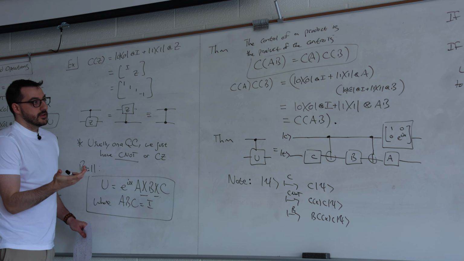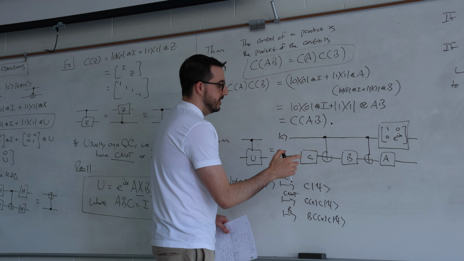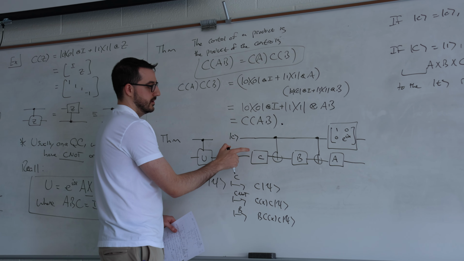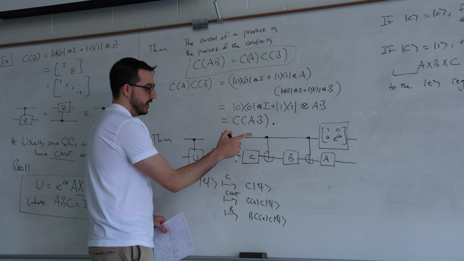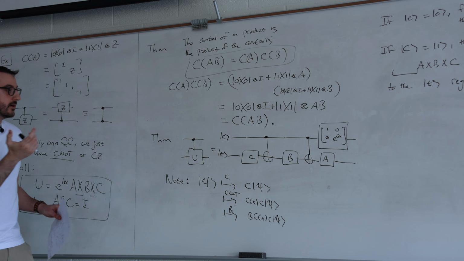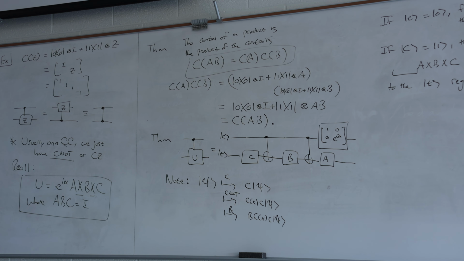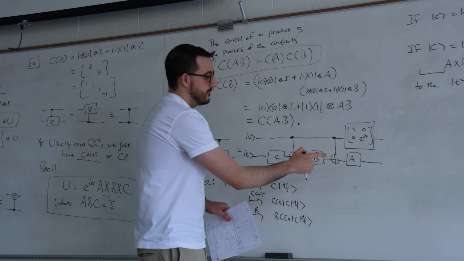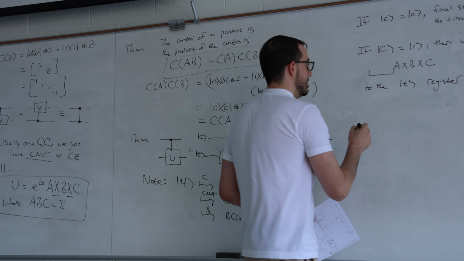And then we saw the simplification that, if the control bit is 0, I actually don't need to control the single qubit operations A, B, and C. So we were able to remove those controls. And then the last controlled operation is this e to the i alpha. So let's see why we can simplify this to be not a controlled operation.